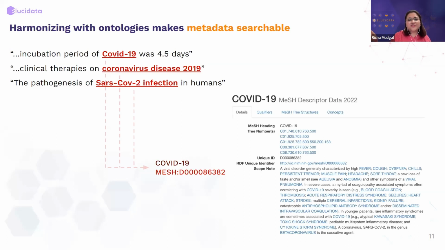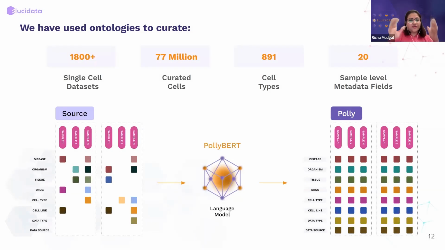We're not using multiple keywords to get to the same data sets. We could just have one keyword, the ontological term, and find a data set much faster and quicker on the platform.